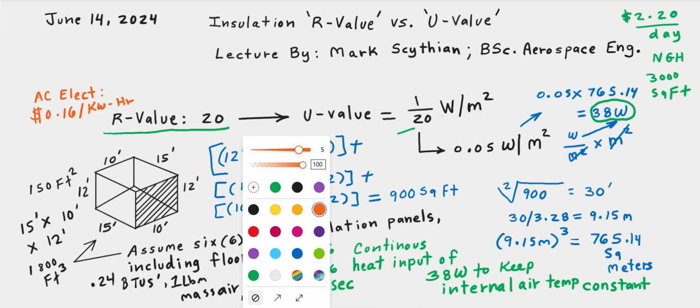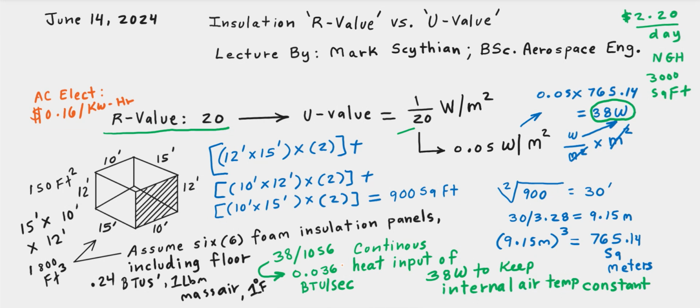So this means 1/20th watts per square meter of insulation area has to continuously be delivered. So it's not significant, but it does boil down to 38 over 1056 or 0.036 BTU per second.